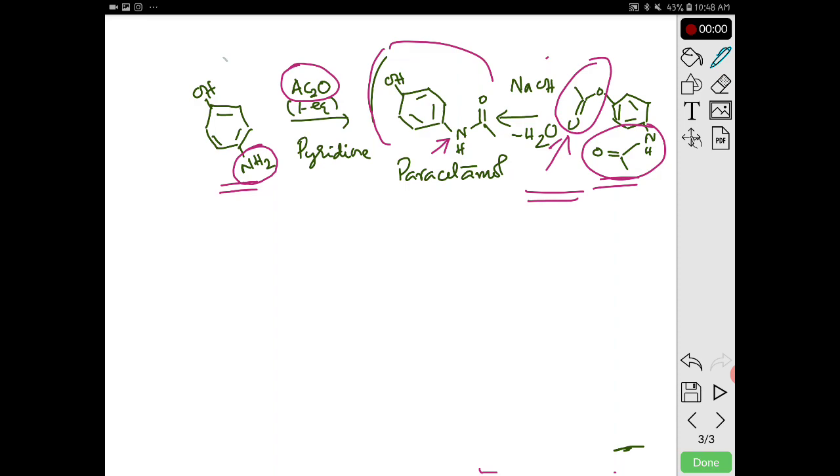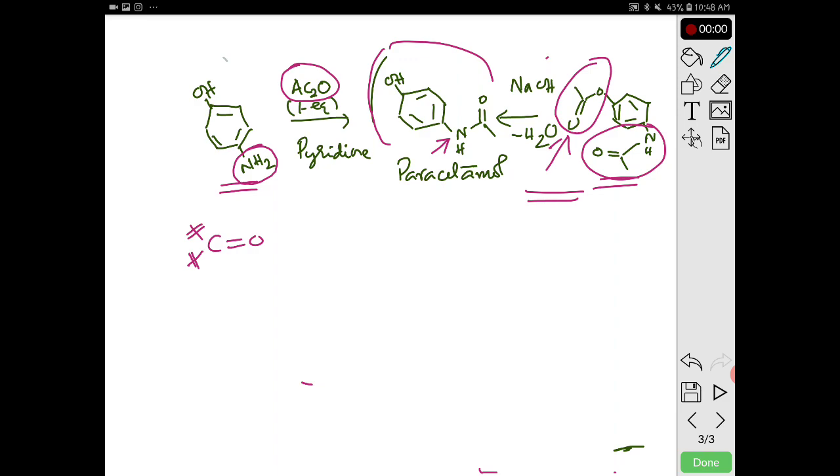This is what we call the carbonyl group. Depending on the substituents on the two sides, there are various types of carbonyl compounds. It could be an aldehyde, ketone, ester, amide, or carboxylate. All these compounds are carbonyl compounds.